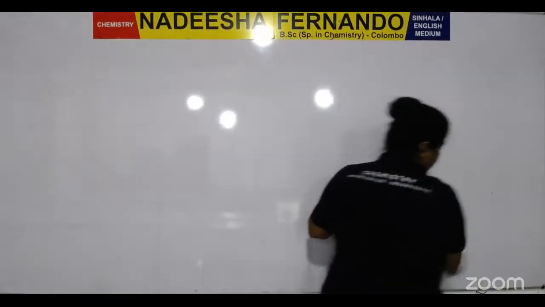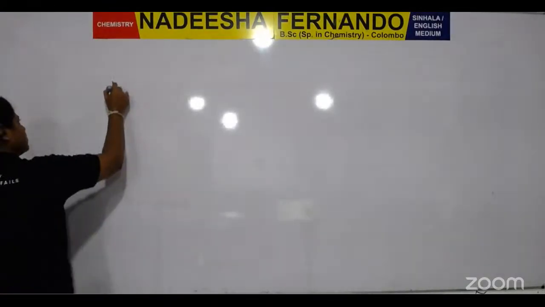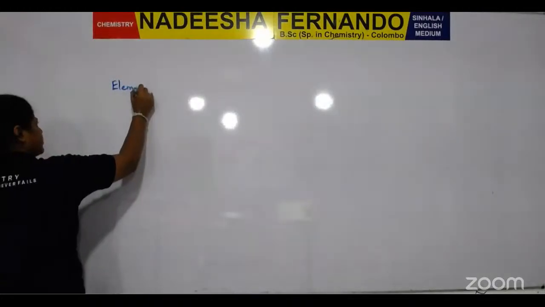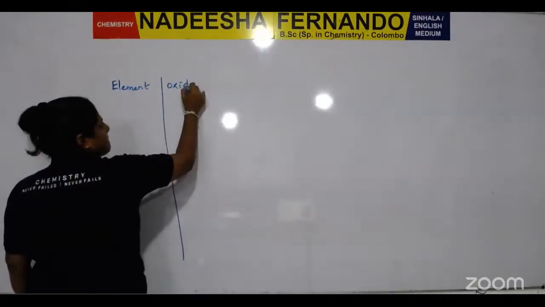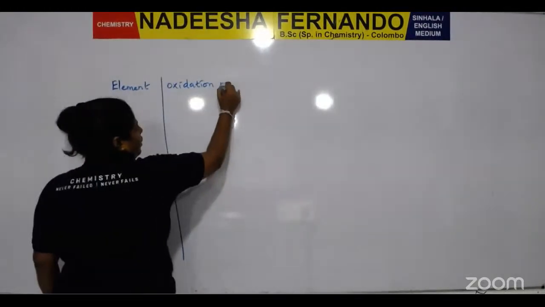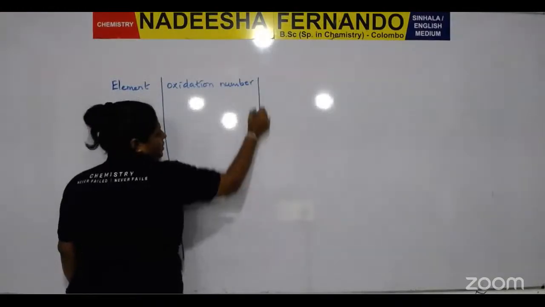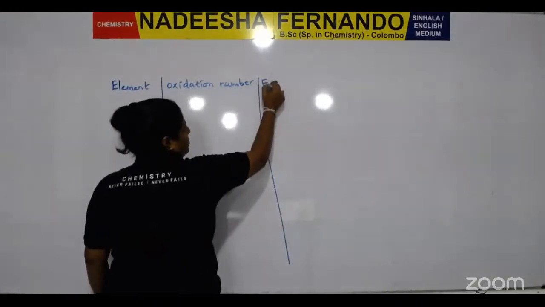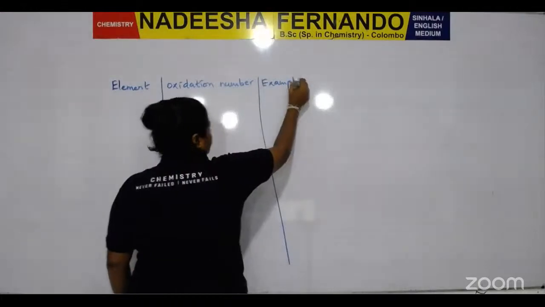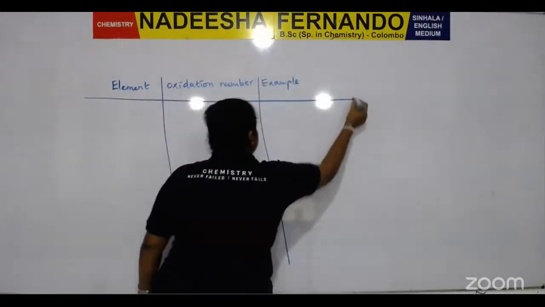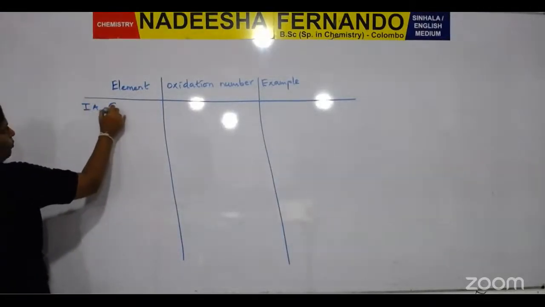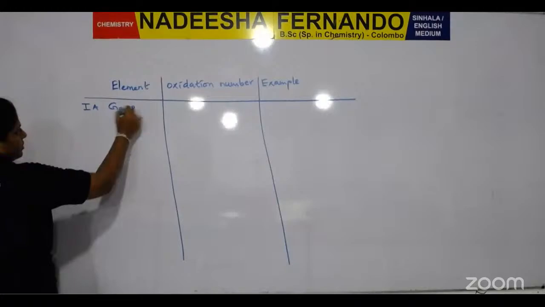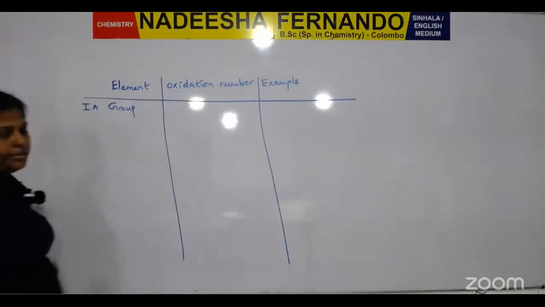This one table. Element, oxidation number, example. The first one I take is the first group element, Group 1, the 1A group element.